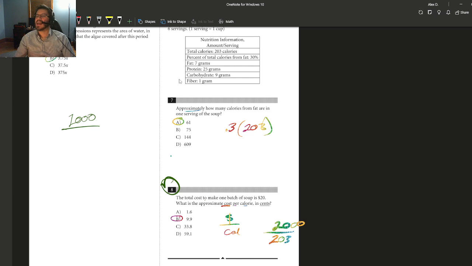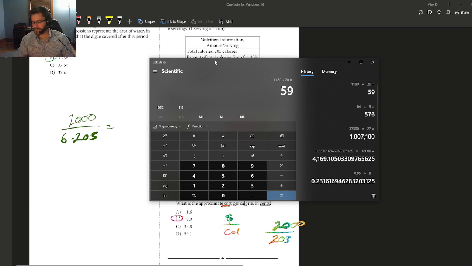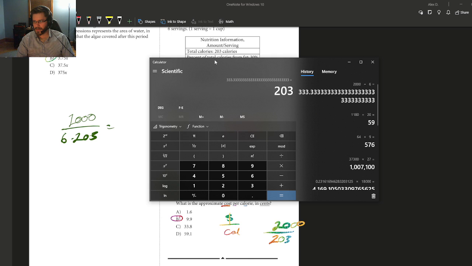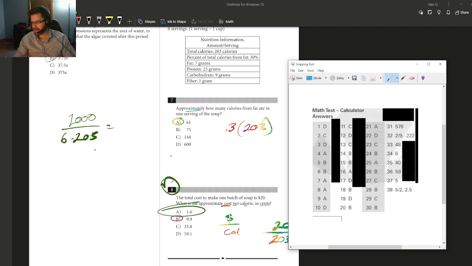Oh, in the batch. 3. Don't go too fast on this stuff. So 2,000 divided by 6 divided by 203 is 1.64, so A. Ay. That's embarrassing. 8 is A.